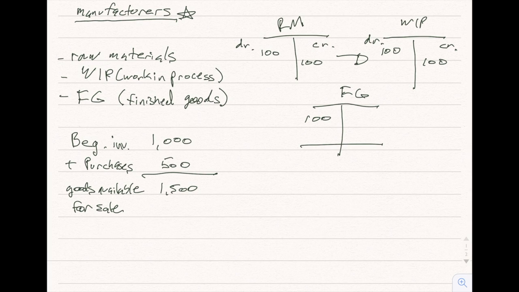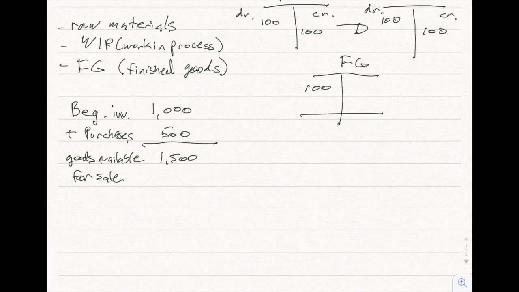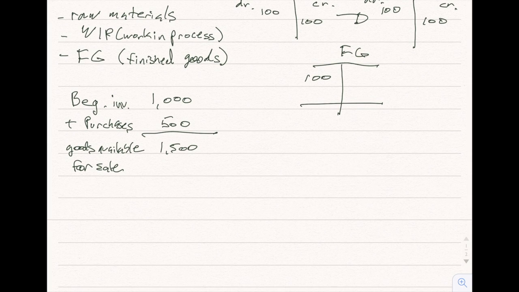And once you have that, you know how much you have left over. And we're going to reflect this in the journal entries as well. But there's two ways you can do it. You can have the next figure be either ending inventory, or you could have it be cost of goods sold.